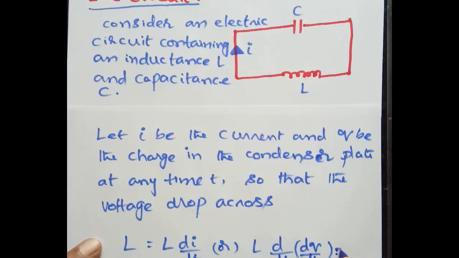Therefore, this is equal to L into d square q by dt square.